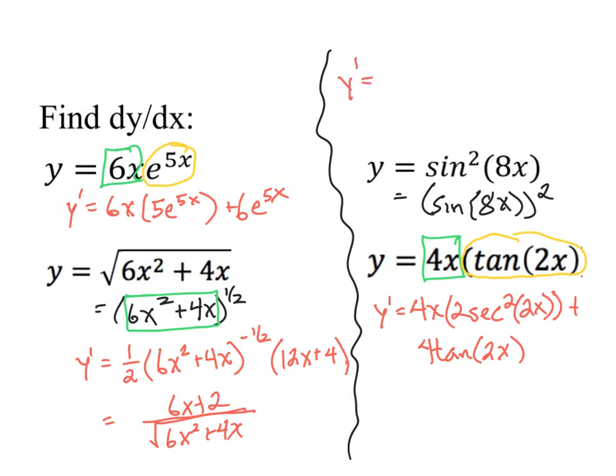So again, we're treating the sine of 8x as our inside function. So I'm going to bring that 2 out front. Leave the inside alone, so sine of 8x to the first, and then multiplied by the derivative of the inside, which would be the cosine of 8x, and then multiplied by the derivative of 8x, which would be 8.